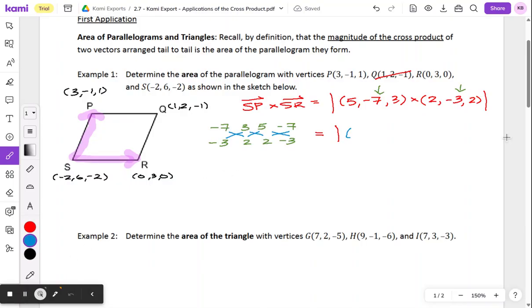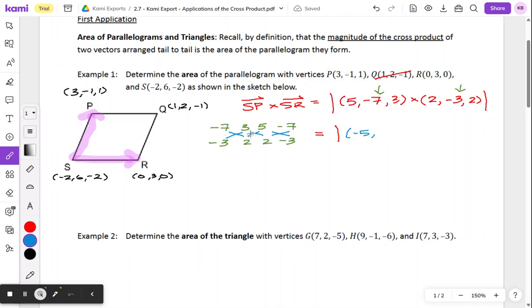All right, so I'm going to leave you to work on that. Okay, so I've come back. I've written out my coordinates in the order that I need for my calculation. So now I'm just going to calculate the cross product. Remember, we do -7 times 2, -14, minus a -9. So that's going to be -5.